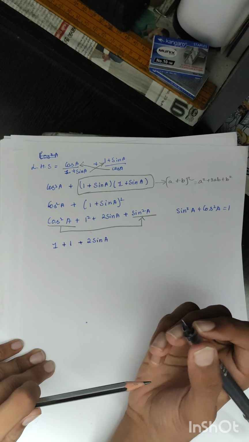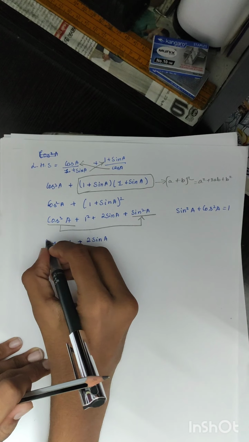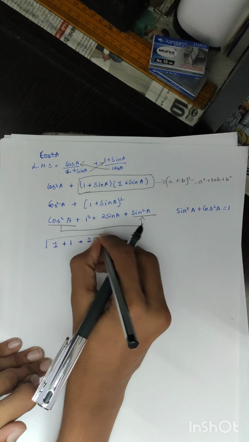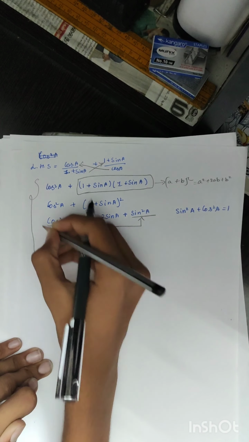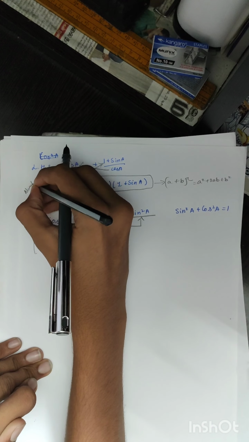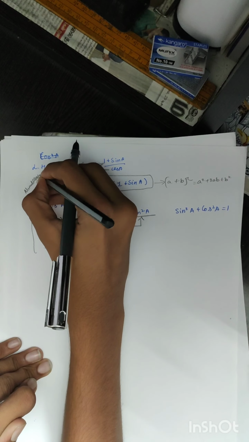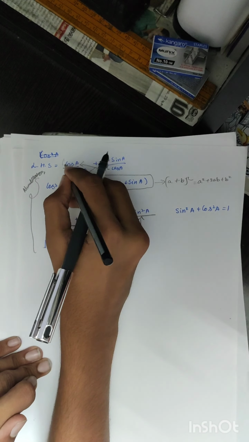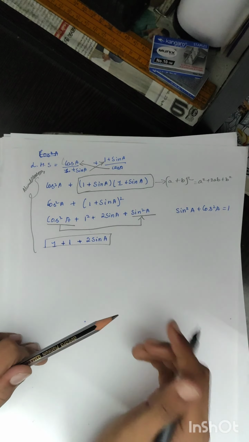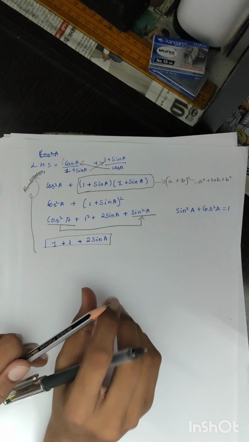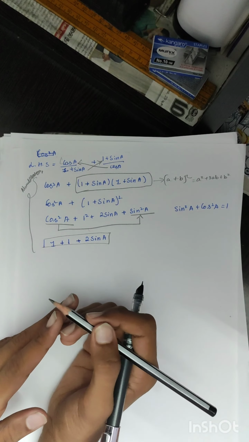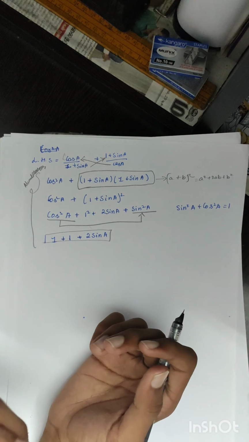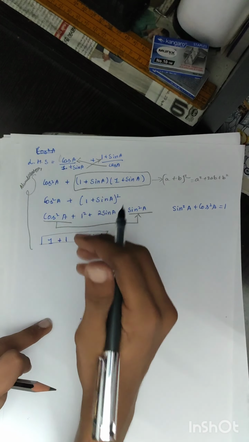Actually, all these steps were happening in the numerator. Now coming to the denominator. I could do it another way, but maybe this one will be more understandable.